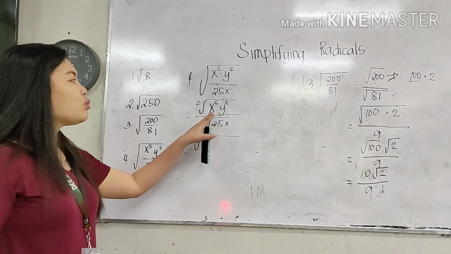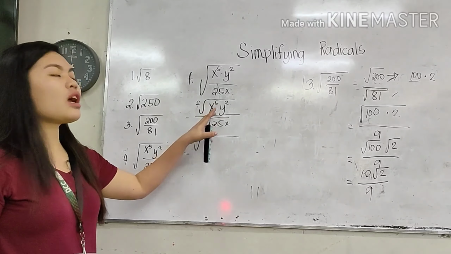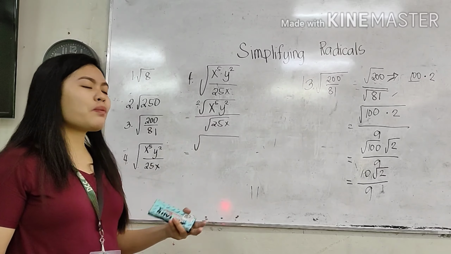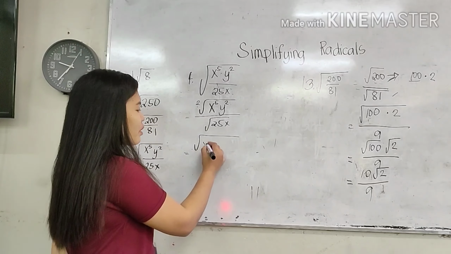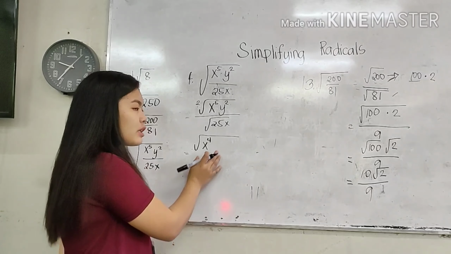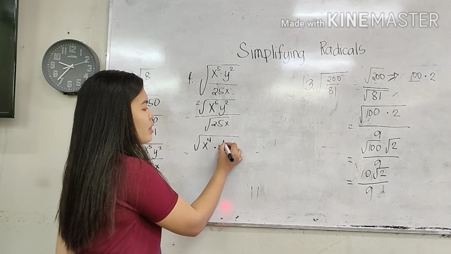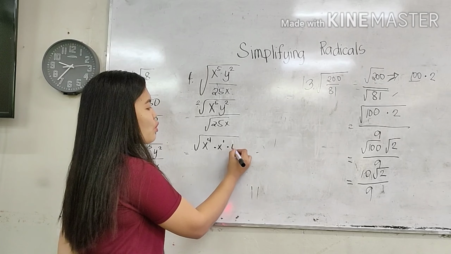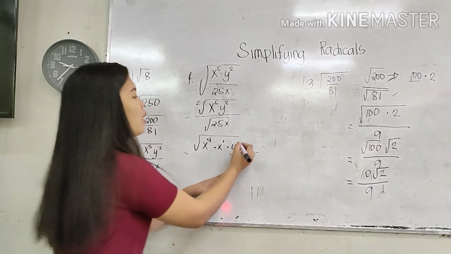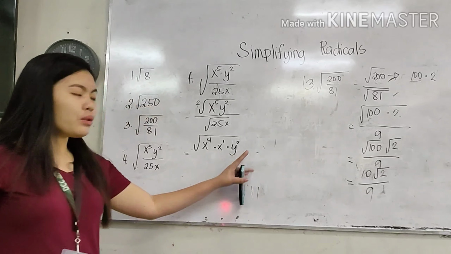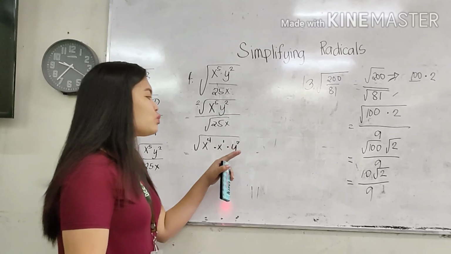If you're going to multiply the x, you add the exponent, so we will use x raised to 4 times x raised to 1 times y raised to 2. Why didn't we factor out y?